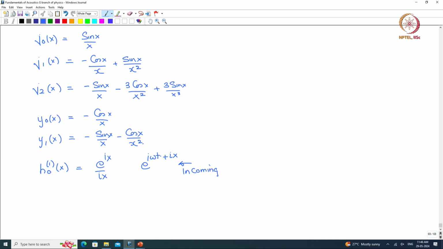Then the Hankel function first kind order 1 is i plus x, and so forth.